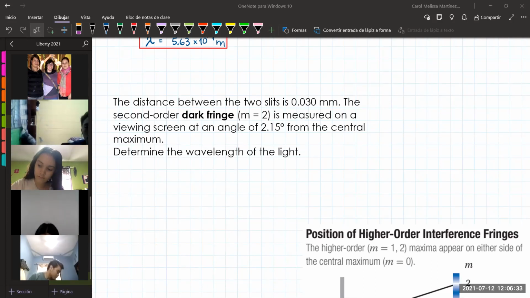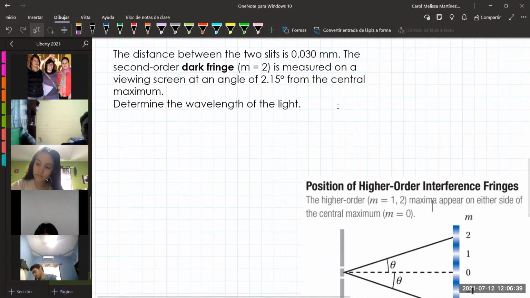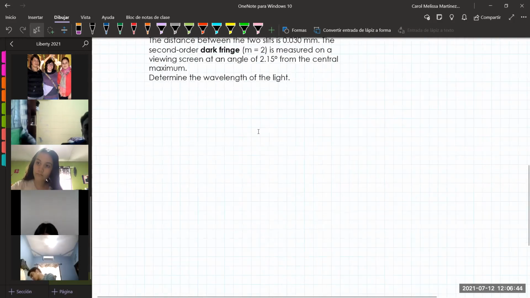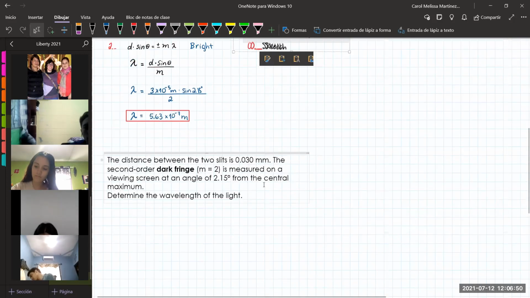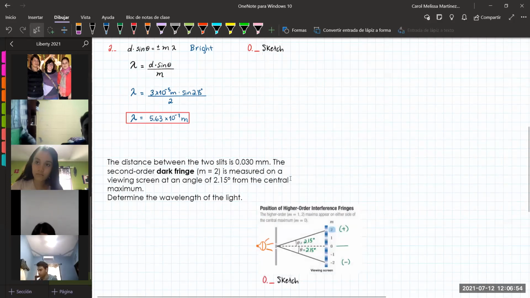Now, let's take a look. For the second one, the situation here is the same. So step 0 is going to be the exact same, so I'm just going to copy and paste. Also, the sketch is the same. It's not going to change because it's the same situation.